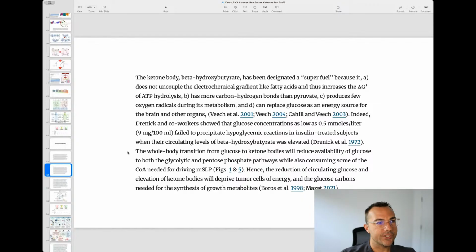The whole body transition from glucose to ketone bodies will reduce the ability of glucose to feed both the glycolytic and pentose phosphate pathways, while also consuming some of the CoA needed for driving substrate level phosphorylation. Hence, the reduction of circulating glucose and elevated ketone bodies will deprive tumor cells of energy and the glucose carbons needed for the synthesis of growth metabolites.